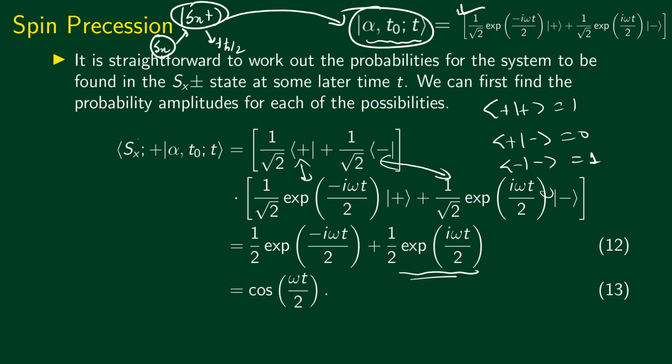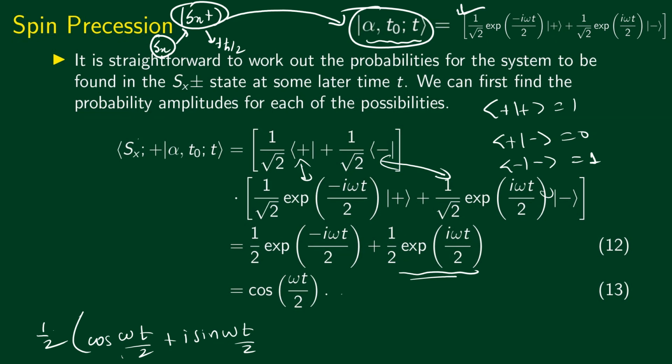Okay, now we can add these two terms. You just use this expression. This is equal to half. You just expand this exponential in terms of sine and cosine. So this expansion you already know. This is half times cos(ωt/2) plus i sin(ωt/2). Here also there's a half which I have taken outside.